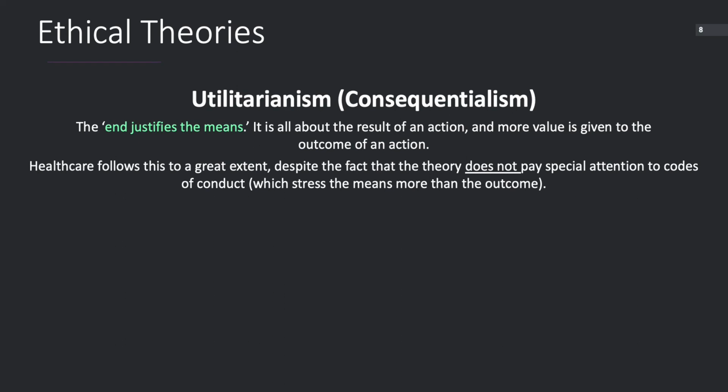Now, surprisingly, in healthcare, we follow this a little bit more despite our previous discussion about regulatory law and professional codes. If you're familiar with any kind of medical program show, you usually see the doctors rushing around or playing politics or having discussion with superiors and boards to try to get the best outcome for the patient.